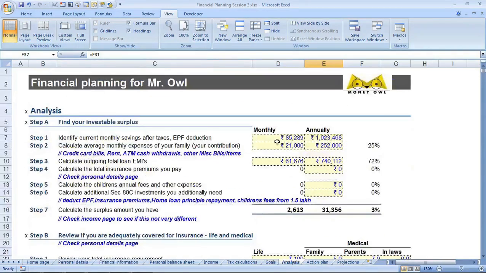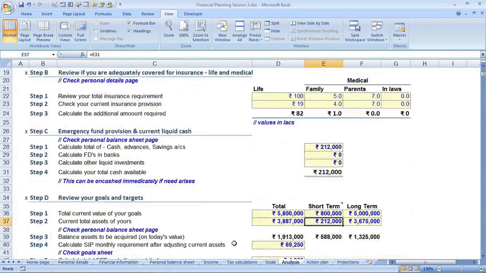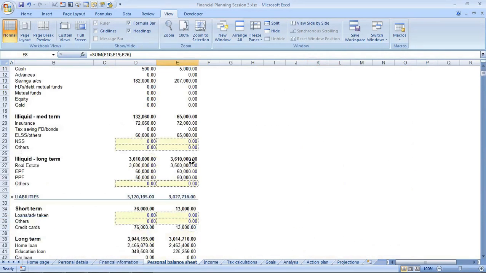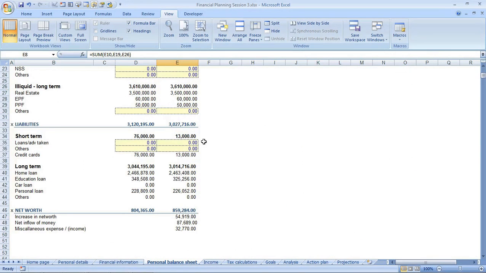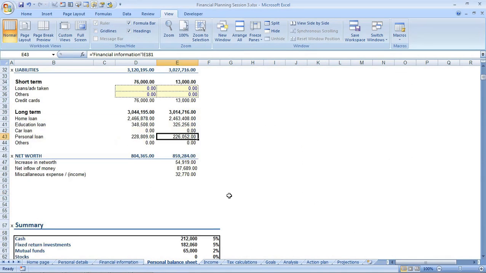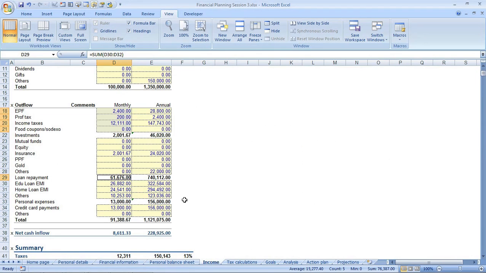Let's say if he could pay off his personal loan, that would release around 10k cash for him to invest somewhere else.